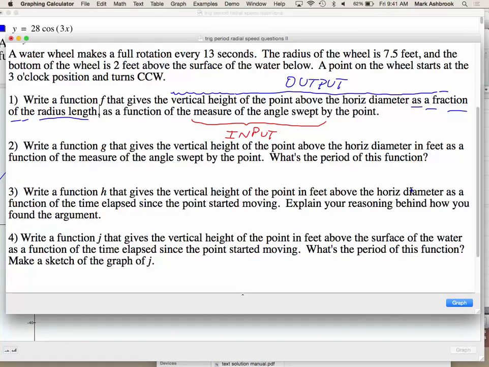Only if you get number 1 right are you ready to move on. Show me number 1. Good job.